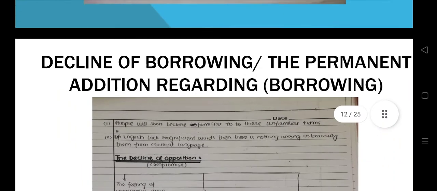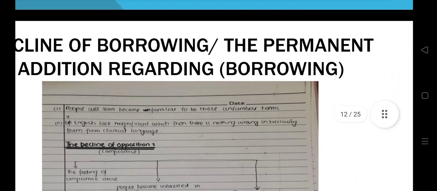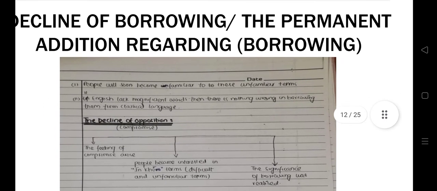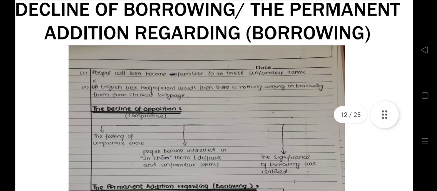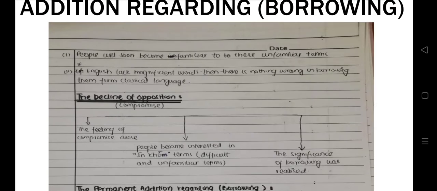And now we'll see the decline of opposition to borrowing, and the permanent addition of regular borrowing. People soon became familiar with these unfamiliar inkhorn or borrowed terms in English, like magnificent.